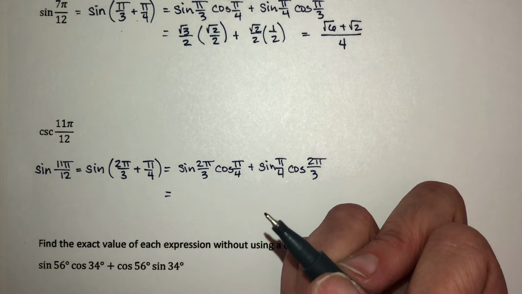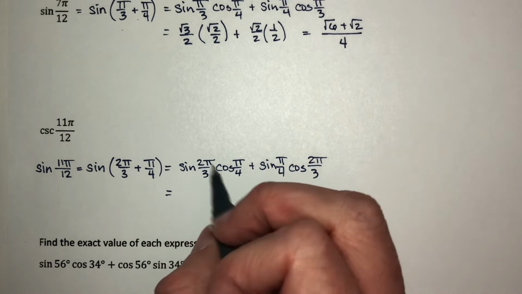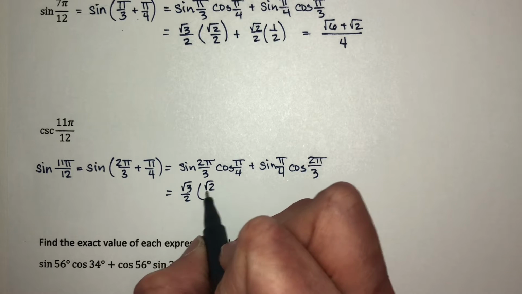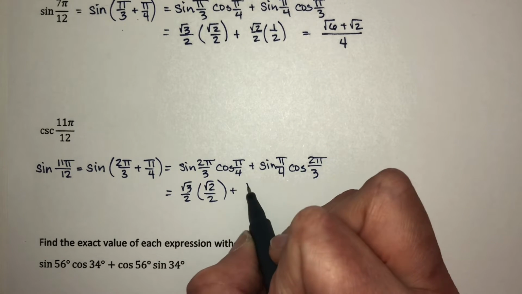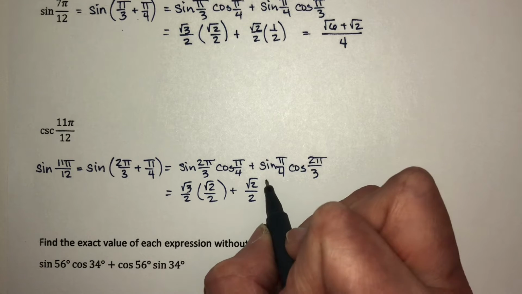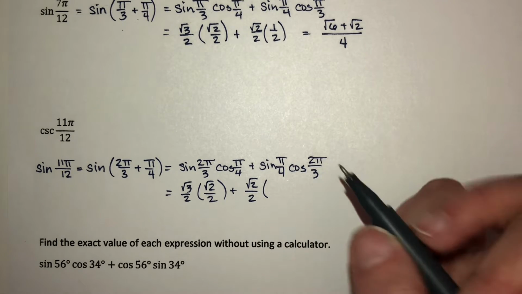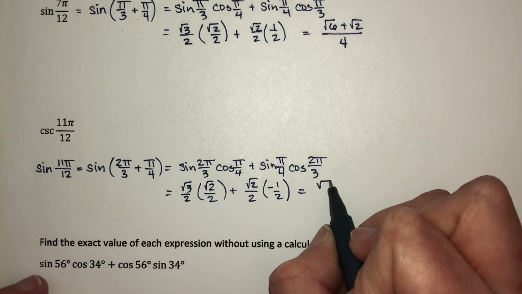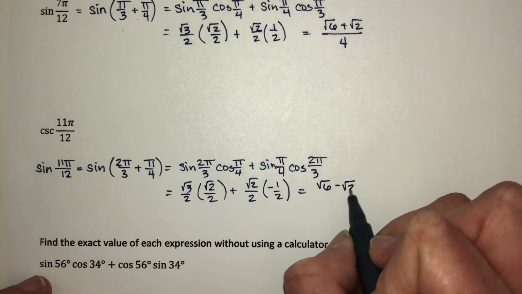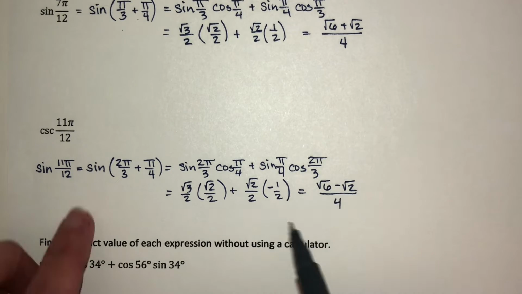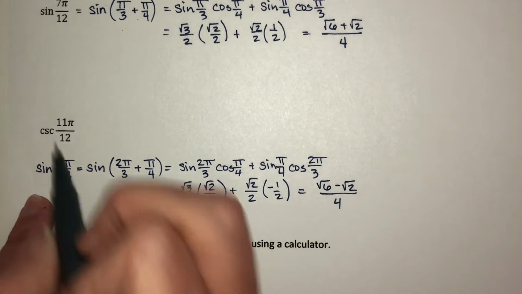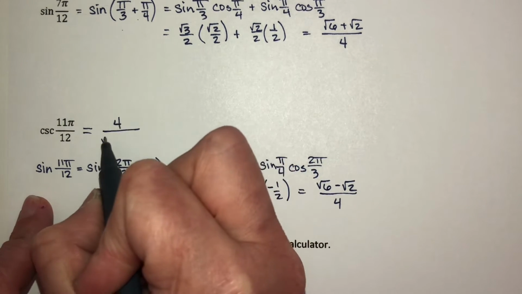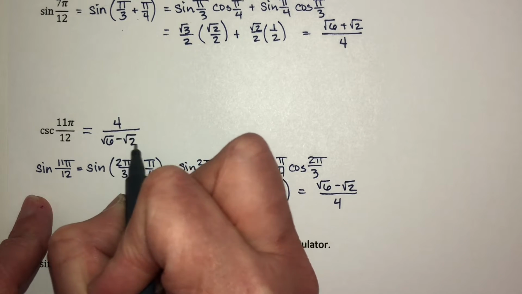Sine of 2 pi over 3 is square root 3 over 2 times square root 2 over 2 plus square root 2 over 2 times cosine of 2 pi over 3, which is negative 1/2. So we have square root 6 minus square root 2 over 4, and that's sine. So cosecant would be 4 over square root 6 minus square root 2.